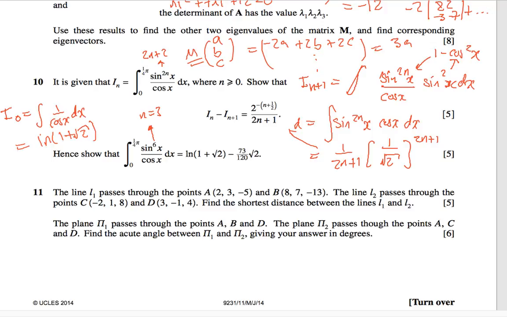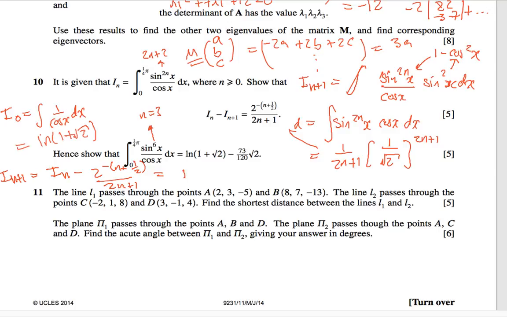We want to write it as In plus 1 equals In minus 2 to the minus n plus a half, over 2n plus 1. And we want to just keep using this thing, so once we've got I0, then we can get I1. So just put n equals 0, and that gives us I1.